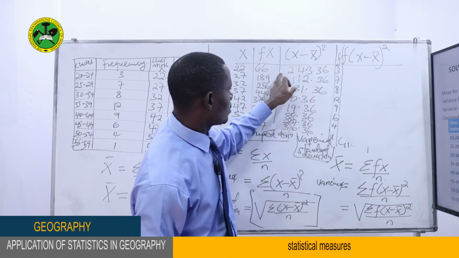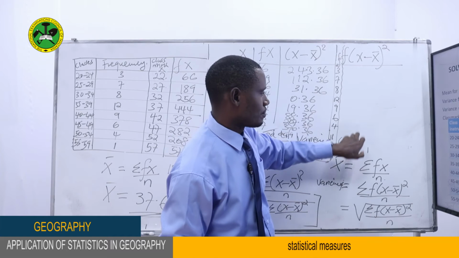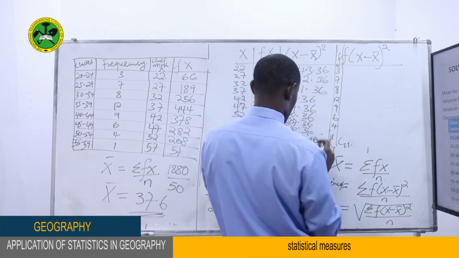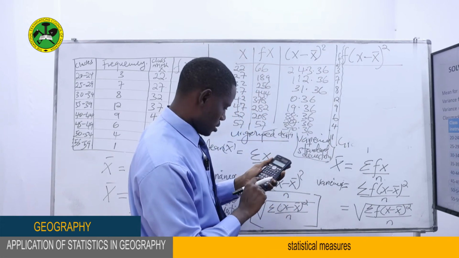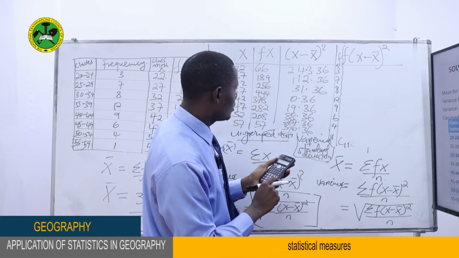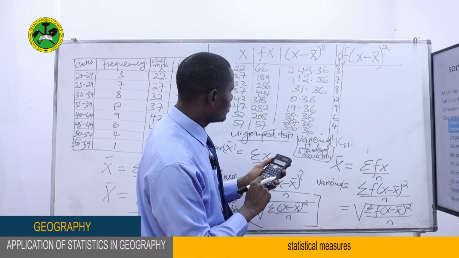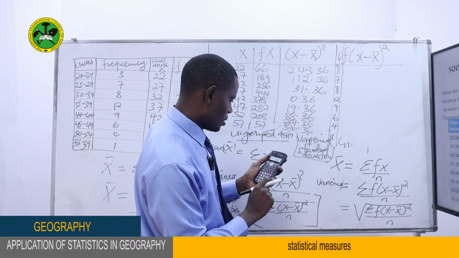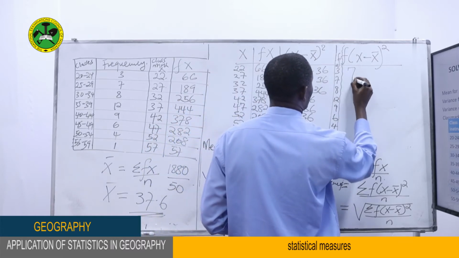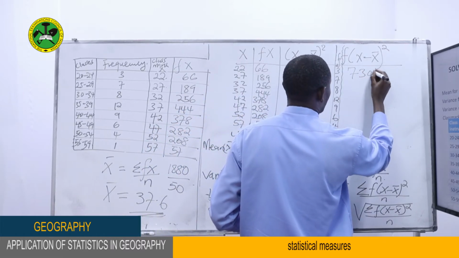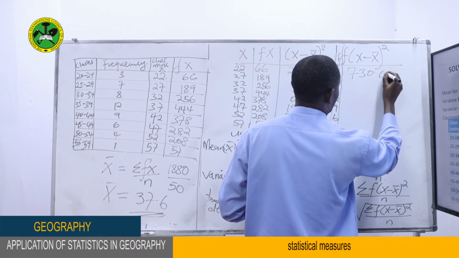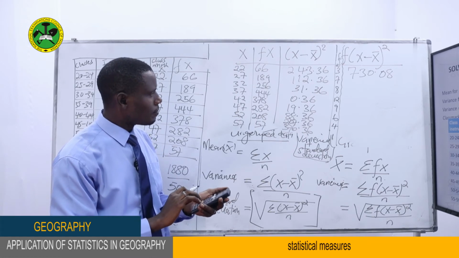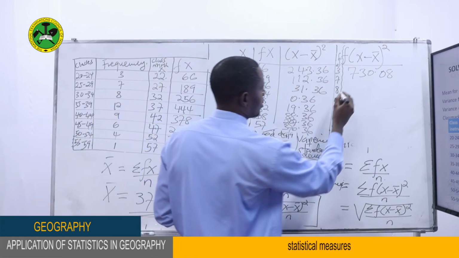So we take that one times frequency, then you get that particular column. For the first part, we take 243.36 times 3, then you come up with 730.08.